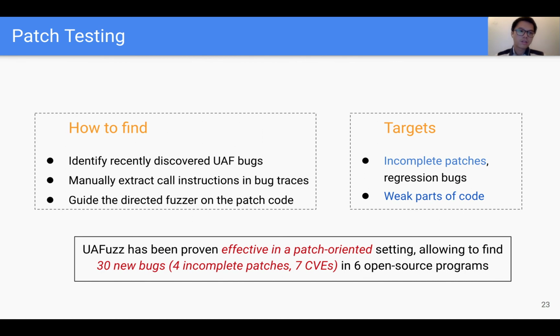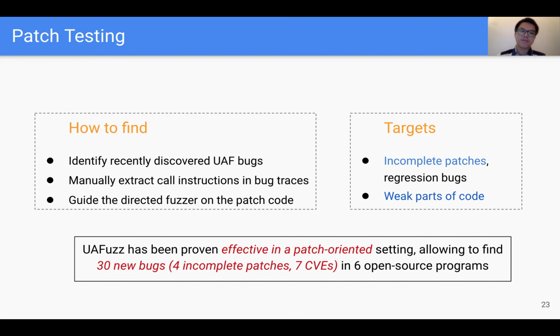Another application of directed fuzzers is patch testing, and in this case we aim to find incomplete patches or regression bugs by exploring around the previously vulnerable code to find new bugs. So how do we do it?